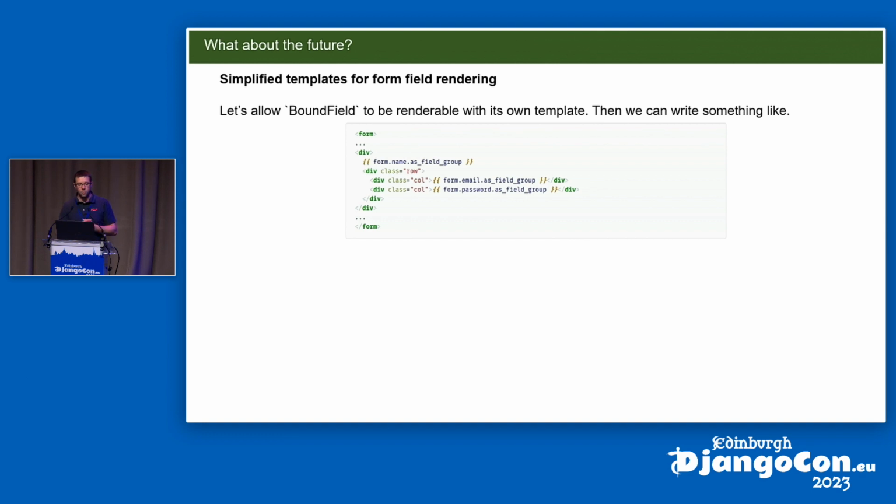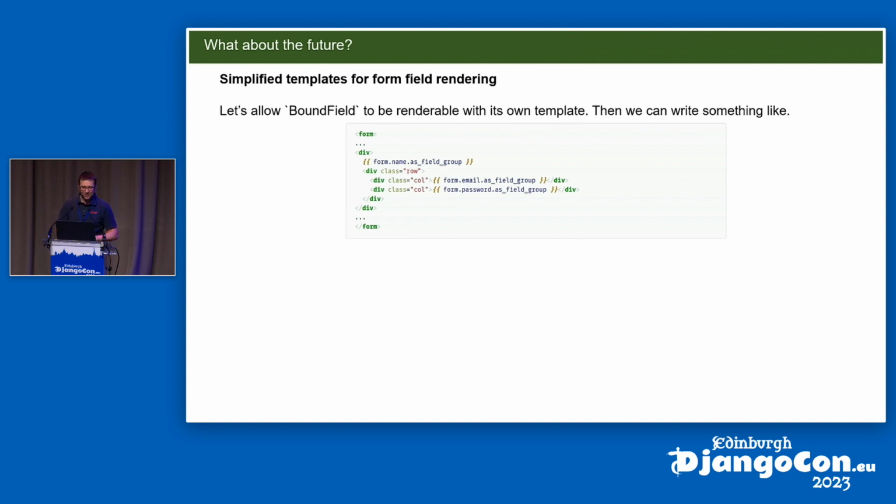So rather than the form, we're able to render the field. So here we have an as_field_group method on the bound field, and that renders the bound field with its label, its errors, its help text, and so on. And this is, I believe, much more manageable for laying out the fields on your form.